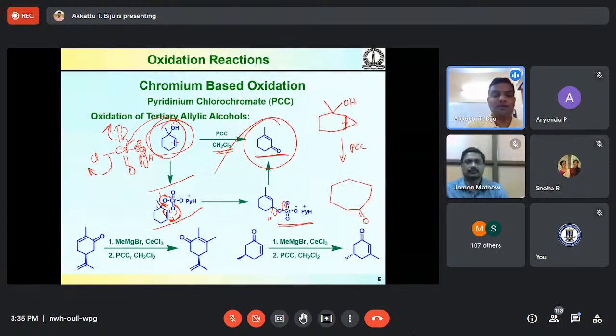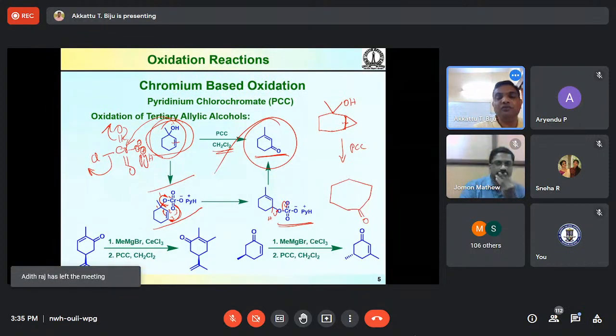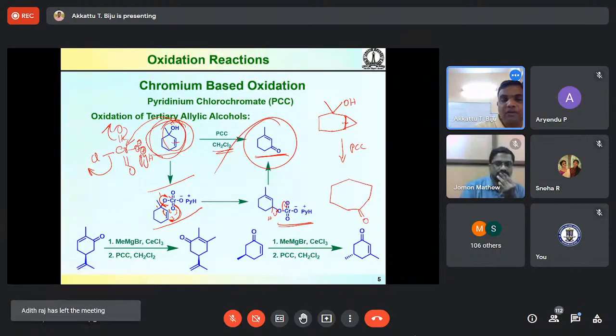So again, coming back to some of the functional group transformations. If you look at this ketone substrate, as I told you, PCC is useful for the oxidation of an allyl alcohol under the reaction conditions. So there can be the PCC reaction combined with various other transformations.